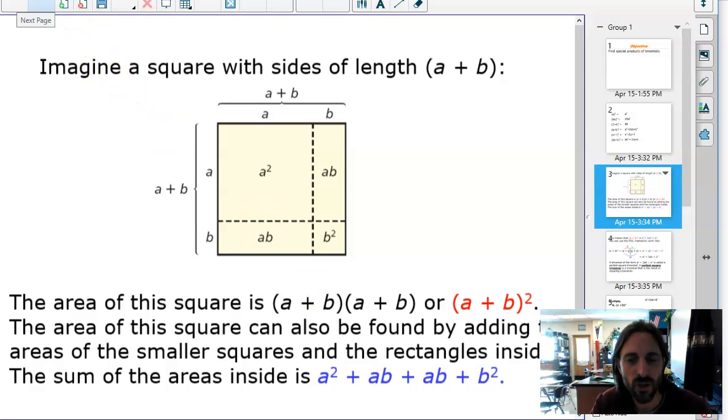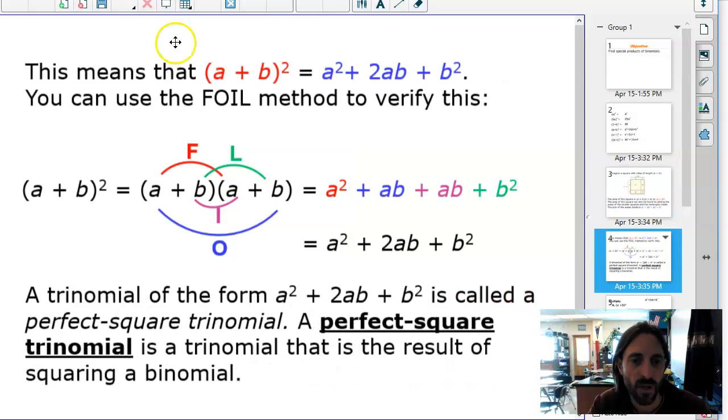Well, there's a little shortcut that goes with it. You've got the first term squared, a squared. You get the last term squared, b squared, and you have 2 ab's, combinations of the 2. Well, actually, that's the shortcut. That means a plus b squared is really a squared plus 2ab plus b squared.